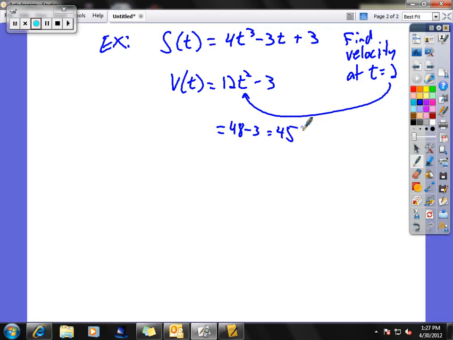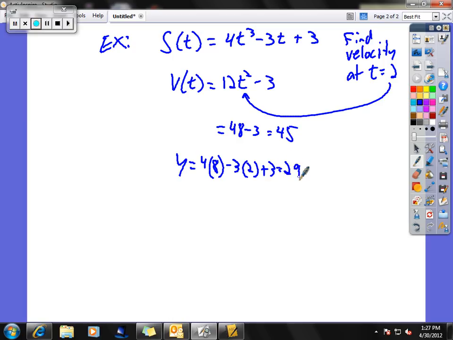So remember, to get the y, you would plug t, or x, into the original, right? So in this case, y would be 4 times 8 minus 3 times 2 plus 3. So that comes out to 32 minus 6, which is 26, plus 3, so 29. So that's my y value.